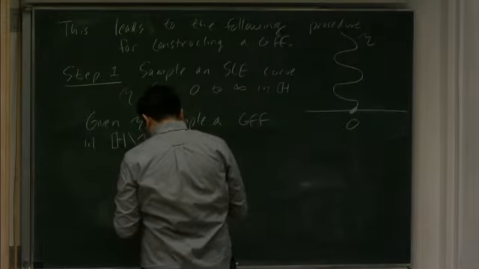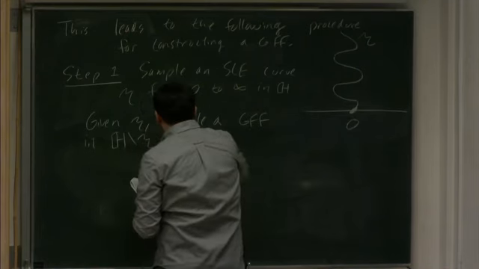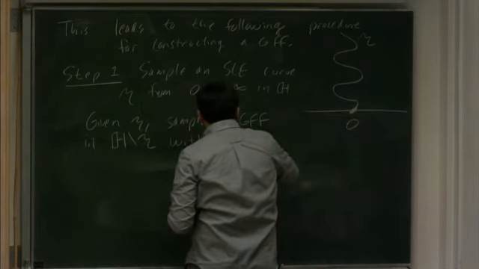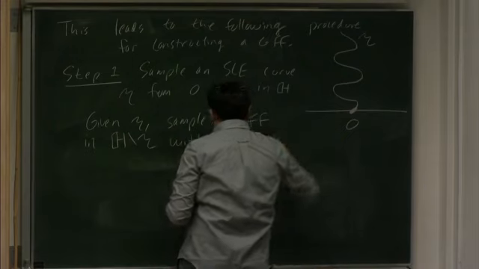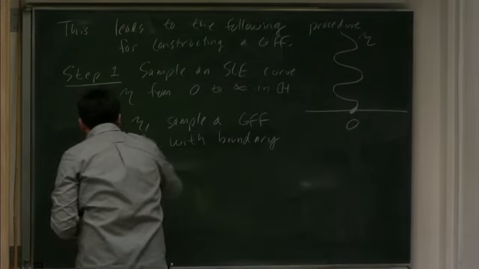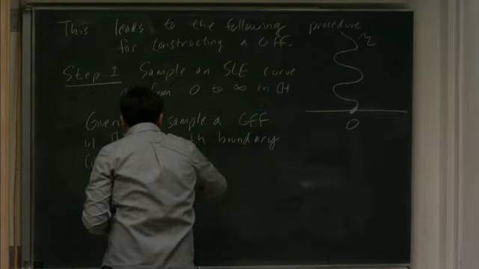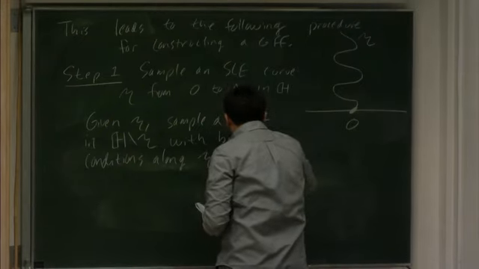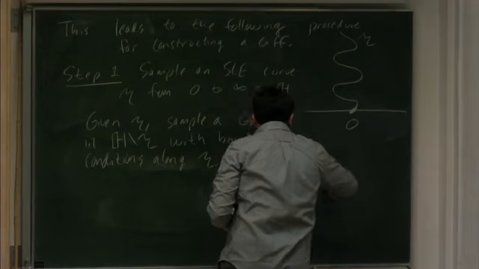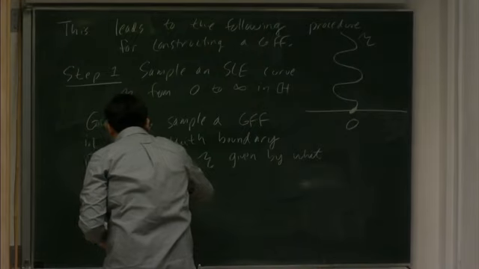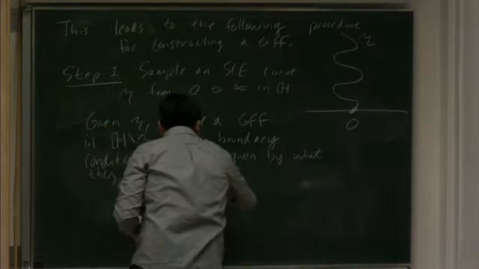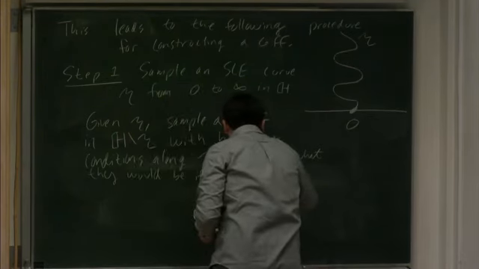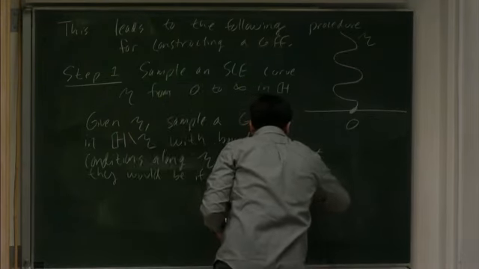And its boundary conditions along eta are given by what they would be if eta was a flow line of a continuous function.